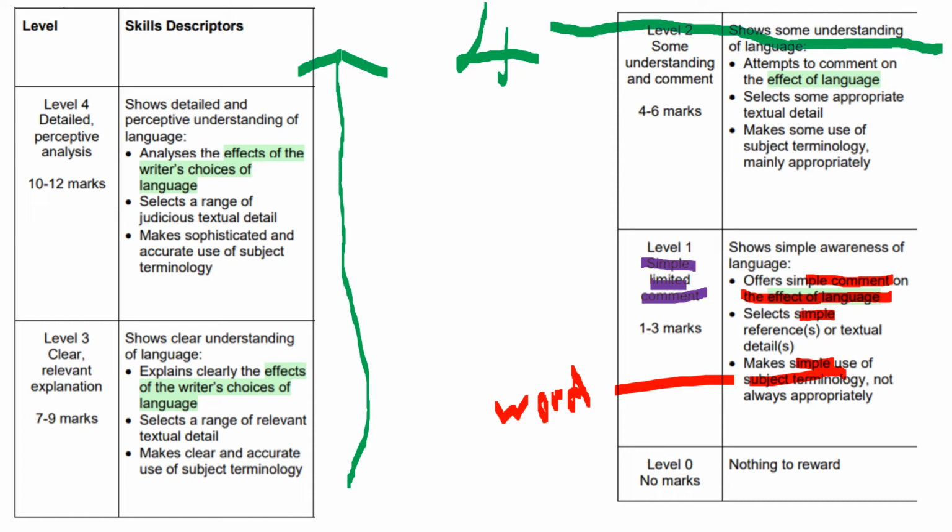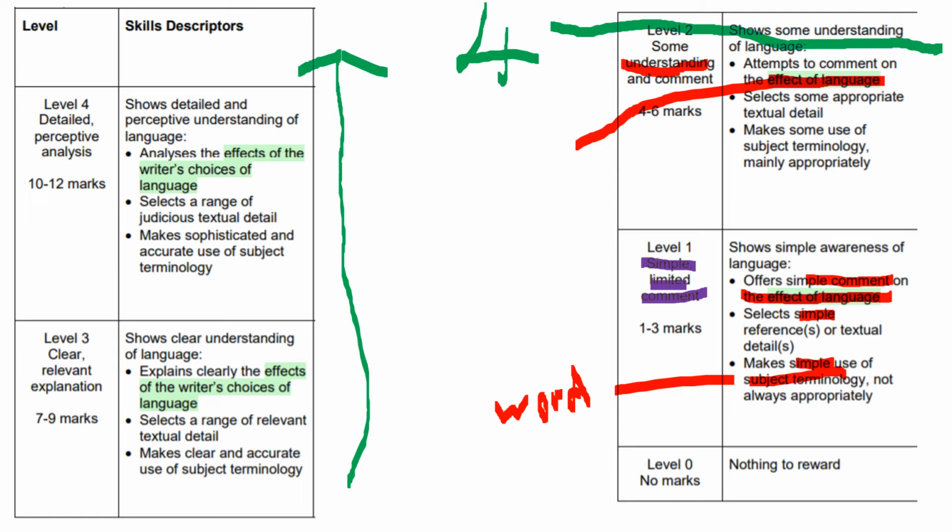If we go to level 2, some understanding. This little thing here says effective language. What that actually means is meaning. It means that you understand why the writer has chosen that word. It doesn't mean that you're talking about the mood and the atmosphere. It means the reason why the writer's chosen it.